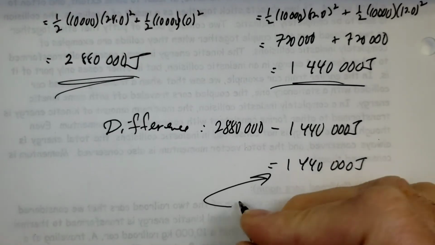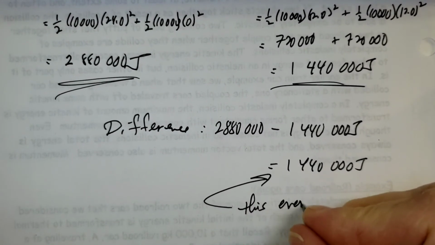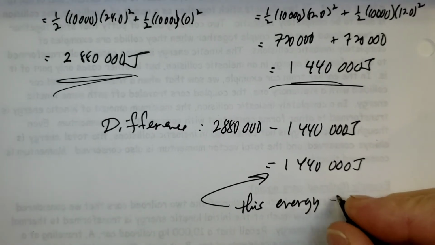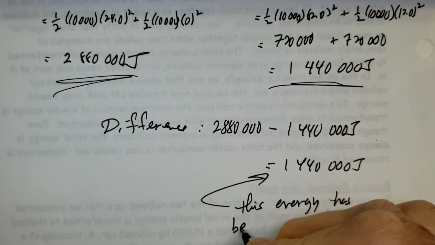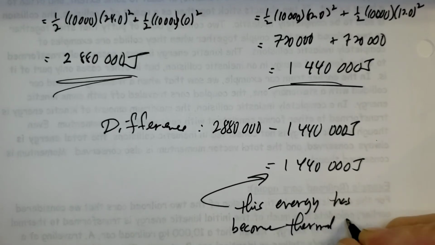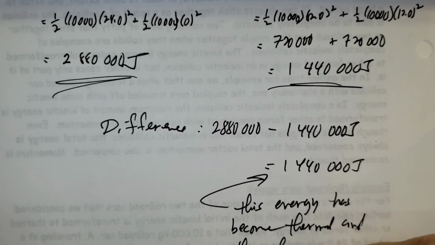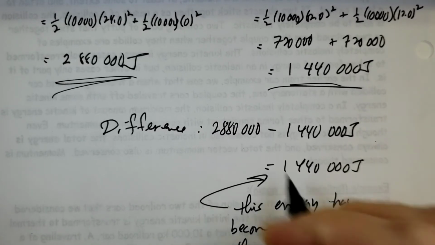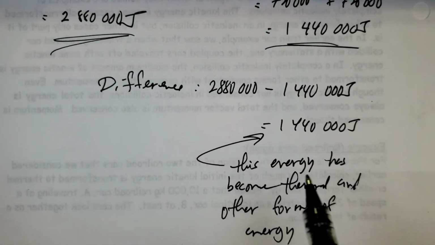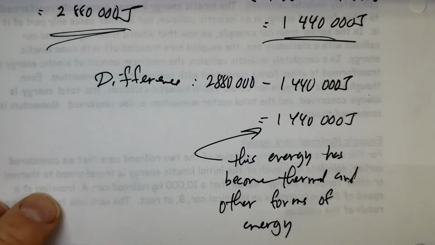And I can say this energy has become thermal and other forms of energy. I hate to use the word lost. It loses kinetic energy, but what's really happening is that kinetic energy is being transformed into something else.